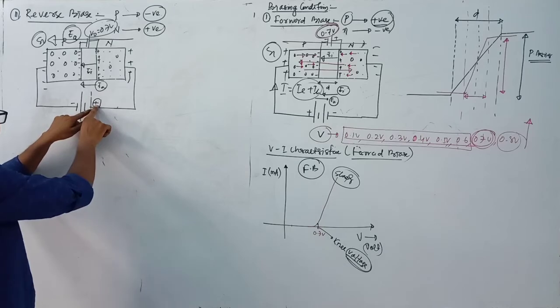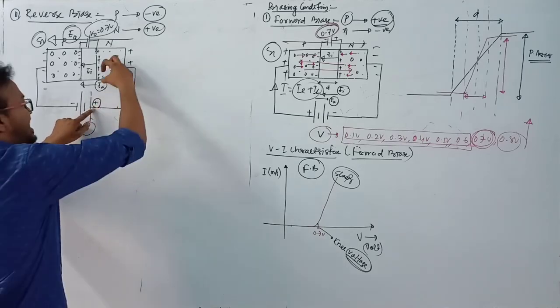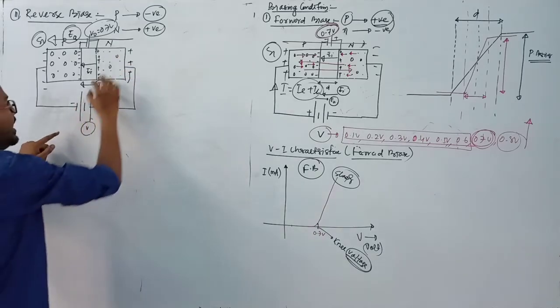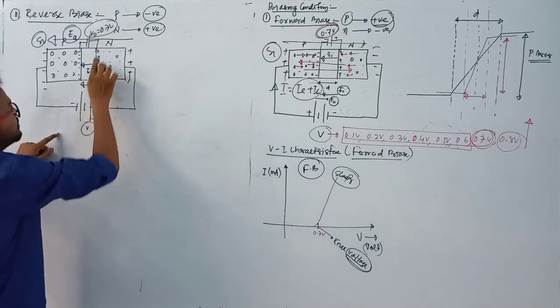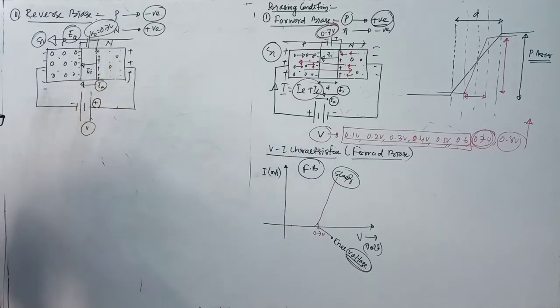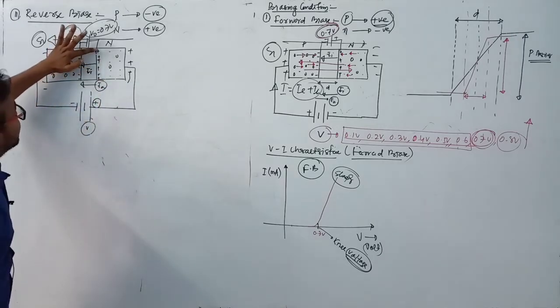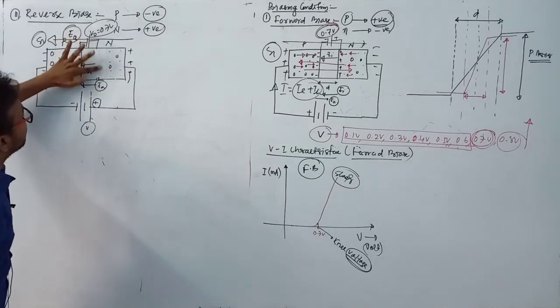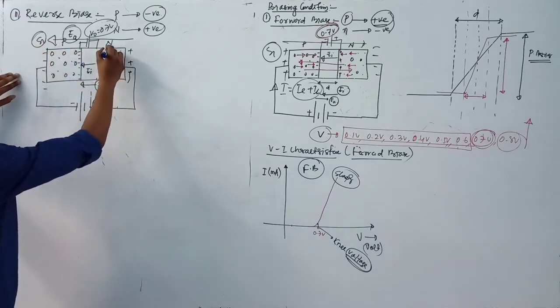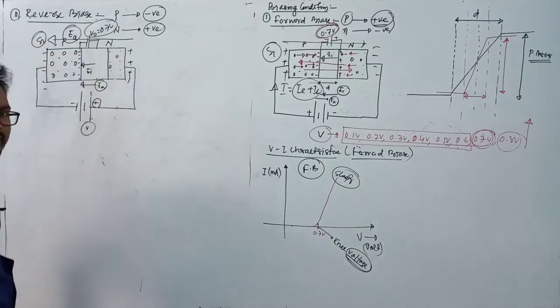Now this is positive charge, and this positive charge attracts the electron. If positive charge attracts the electron, suppose this layer vanishes here, and if this layer vanishes here, now this depletion region increases, and now this depletion region comes to this point.